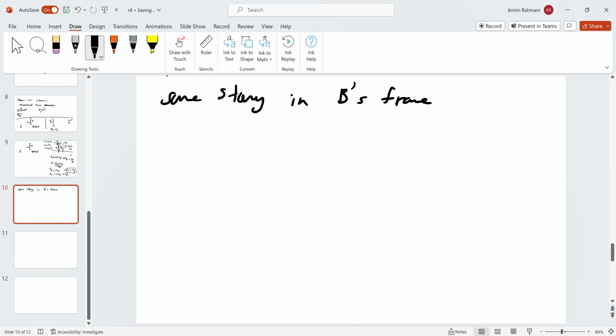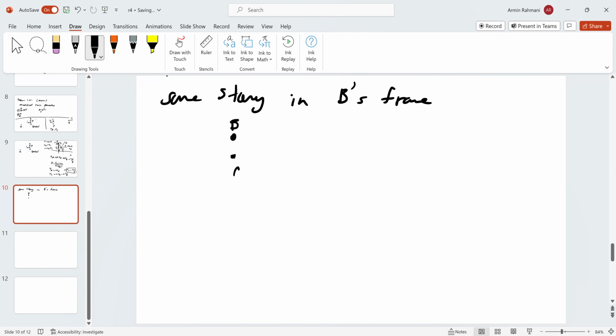So same story. In B's frame, let's draw those pictures. What we see is now B is sitting here. Remember, in A's frame, B was moving to the right, A was sitting there. So now B is sitting there.